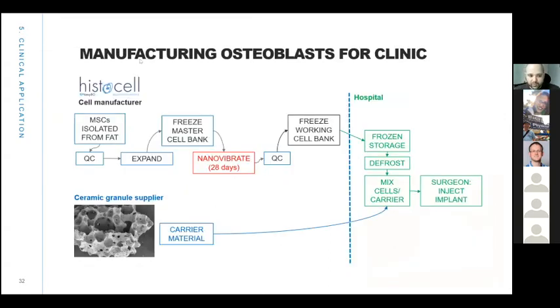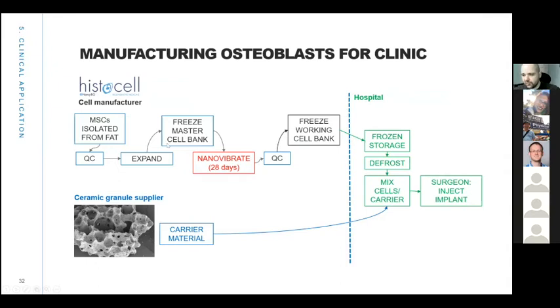So at the moment, we're working with a GMP cell manufacturer to produce nanokick stem cells. So we've taken our devices and implanted it into their production process. They're taking mesenchymal stem cells from fat, adipose tissue.